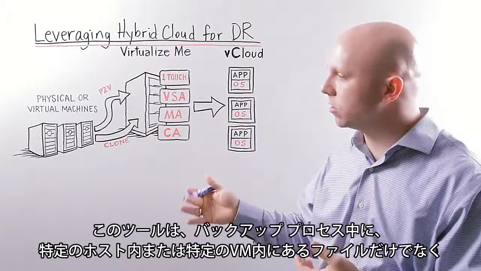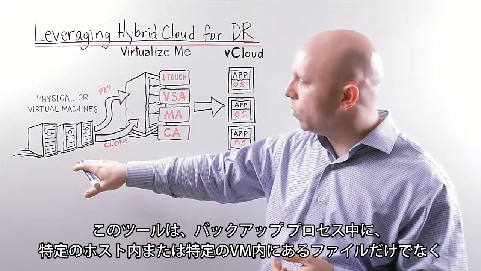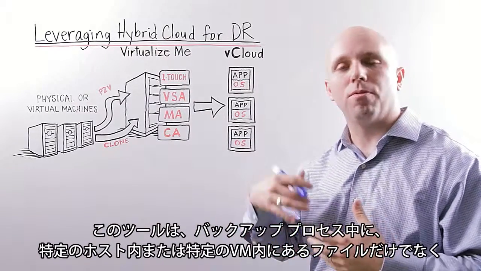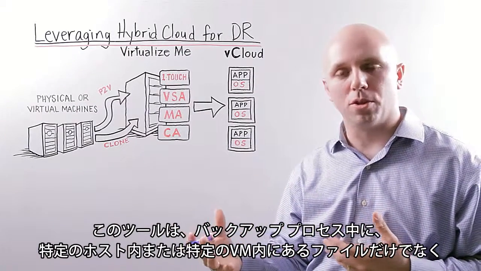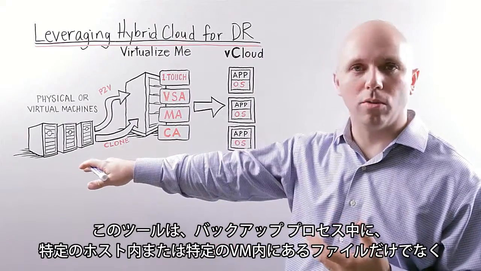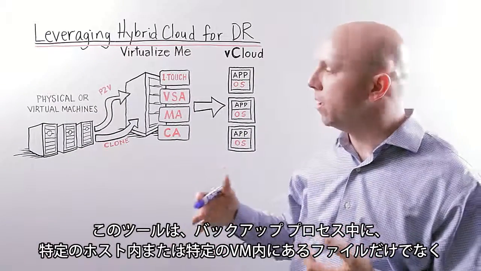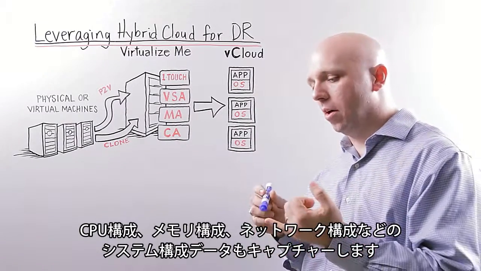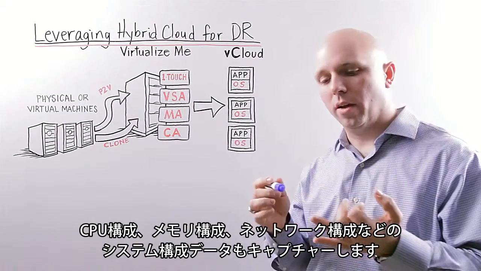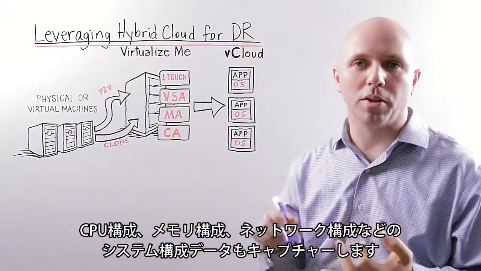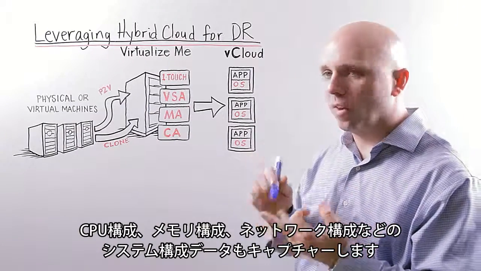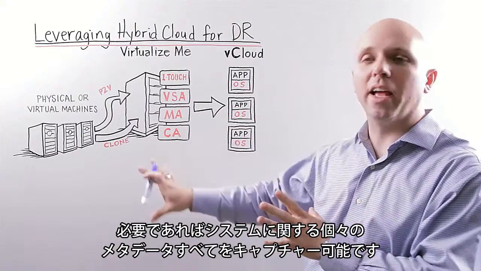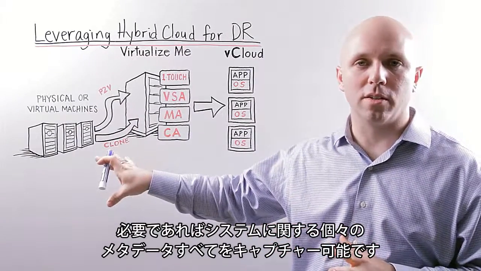And the way that works is during the backup process, we're capturing not only the files that are inside of a particular host or inside a particular VM, but we're also capturing system configuration data, things like CPU configuration, your memory configuration, networking configuration, all these different pieces of metadata, if you will, about the system.